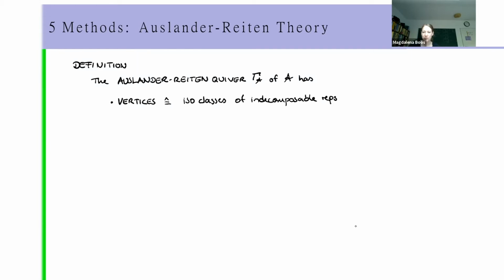If we know the quiver, we know the indecomposables. And the arrows are certain minimal maps. You think of this Auslander-Reiten quiver as a way to model a category. You want to model the category, so you need to understand the minimal objects and the minimal maps between them. And that's the Auslander-Reiten quiver.